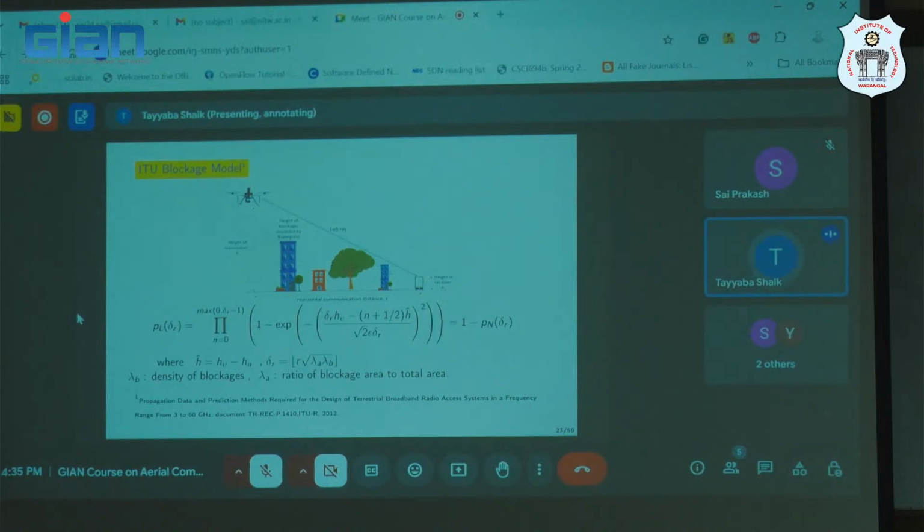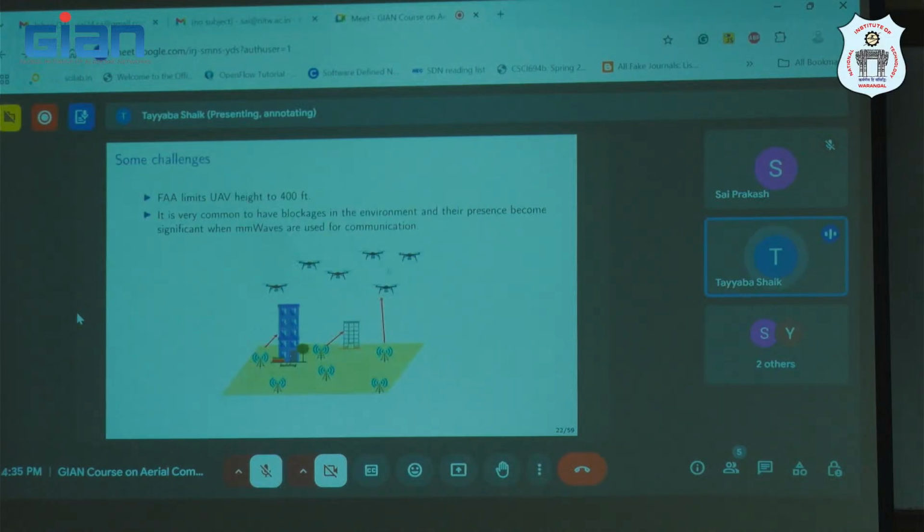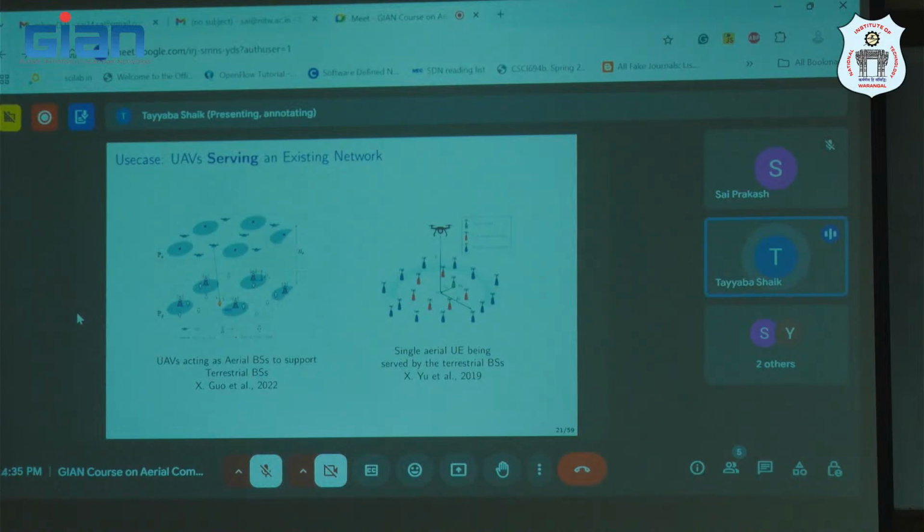So that is one drawback that we thought is in this model. To mitigate that, people have used a different model which is more mathematically tractable, which is this ball model, wherein people say, if all the links are within a certain radius, say capital R here, all those links will be in line of sight, and everything after that will have non-line of sight.